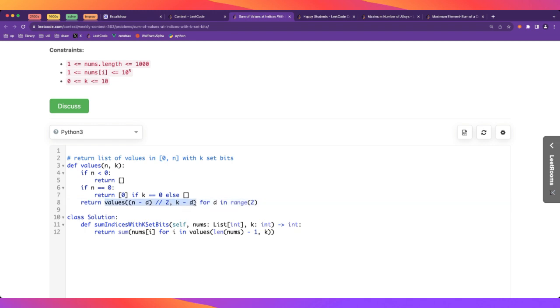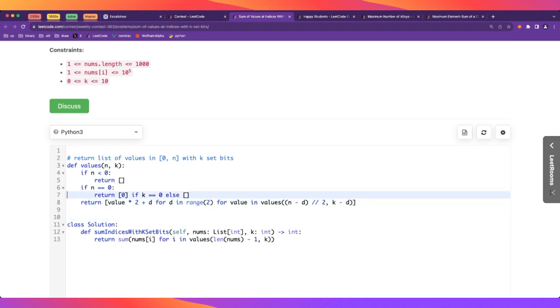And so this is going to give us the values, and for every value there, we can generate the next number, the number with the current digits, and that's going to generate all our values.